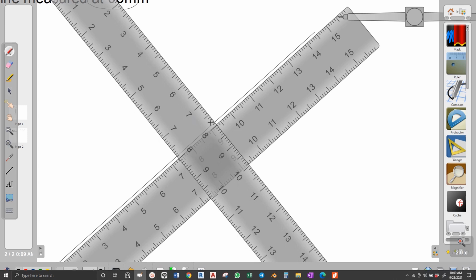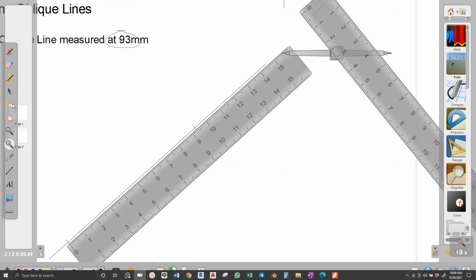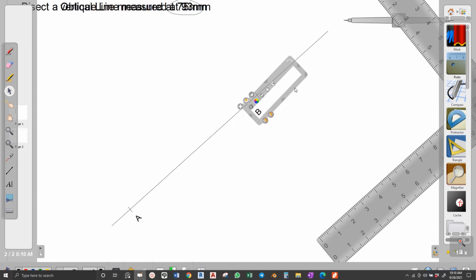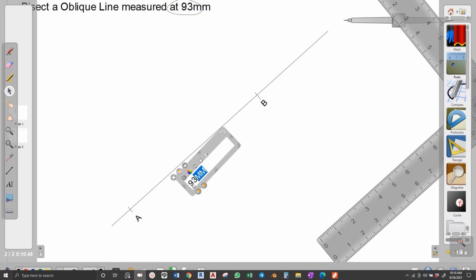So I'm going to mark that off on my ruler. So this is my 93. So we have A, we have B, and we're going to also label our distance. And that is 93 millimeter.